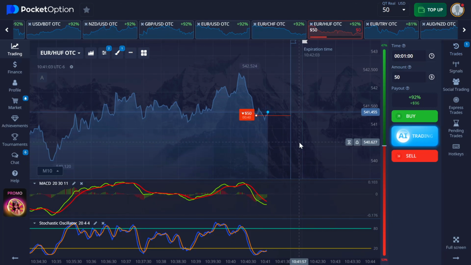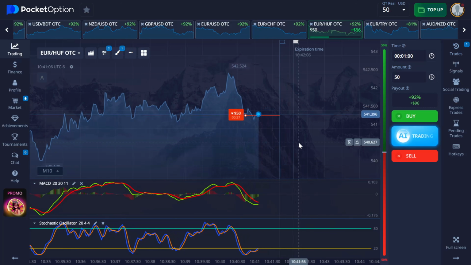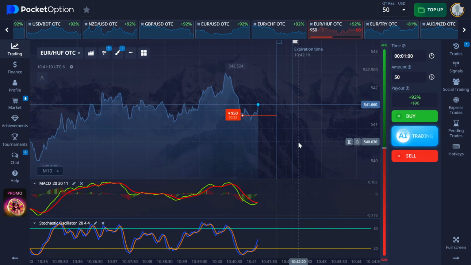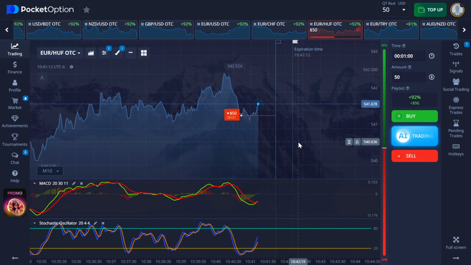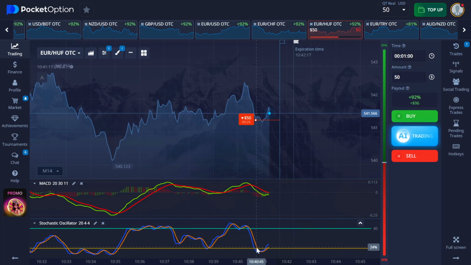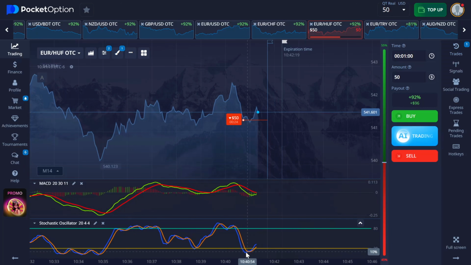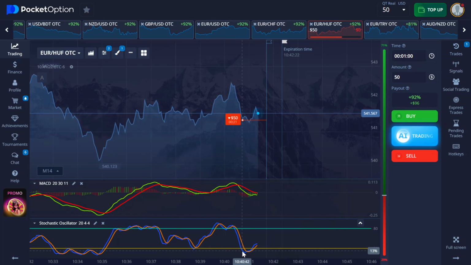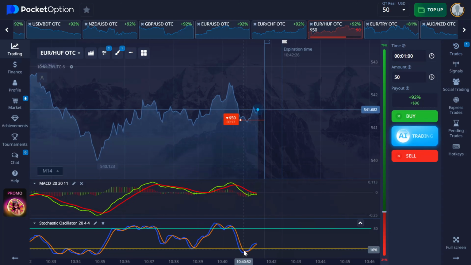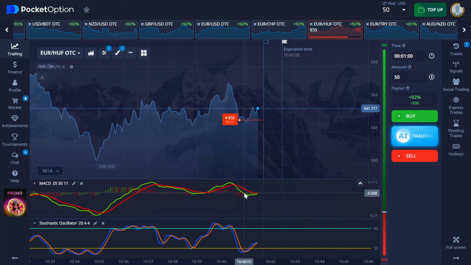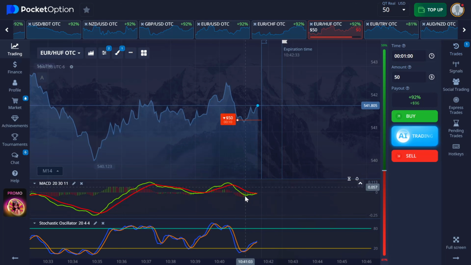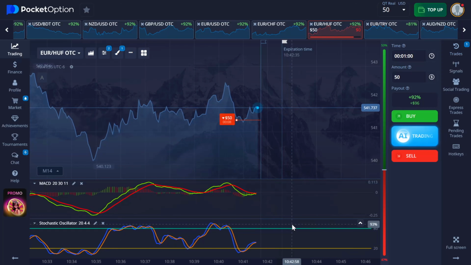Now I'm using the indicators very differently from the traditional ways, okay? Because as I always said, there is a time and a place for everything. The reason why I took a downward sell trade was because I see that the stochastic oscillator has crossed the oversold level, and MACD already crossed in that direction, so I'm predicting that the price will try to at least continue going down.